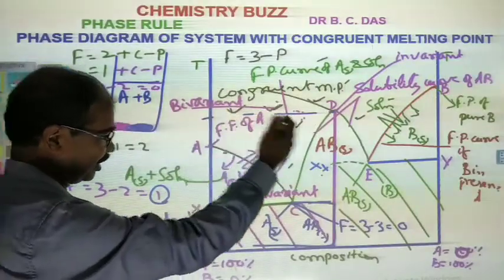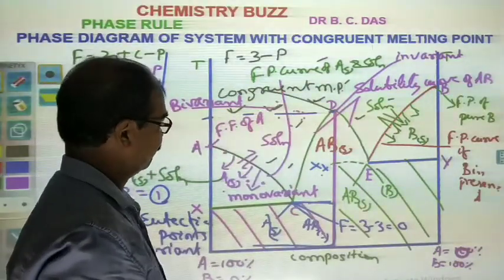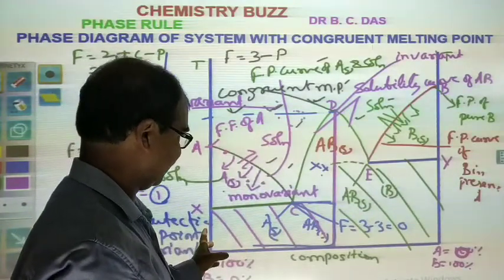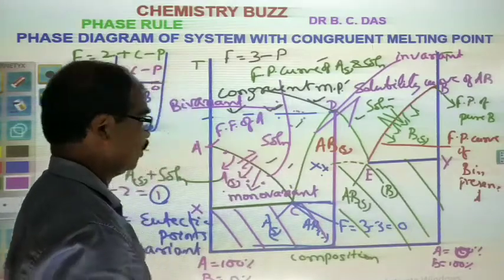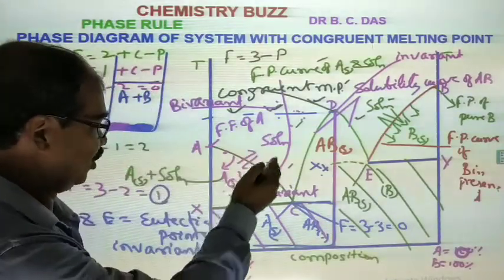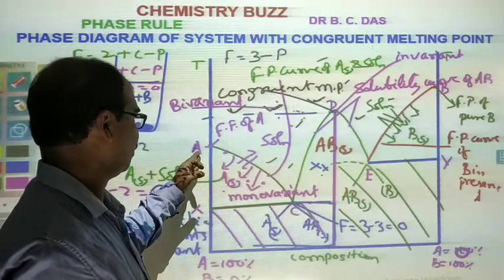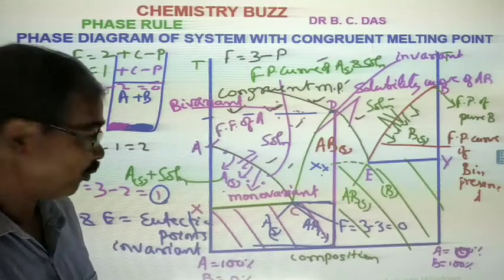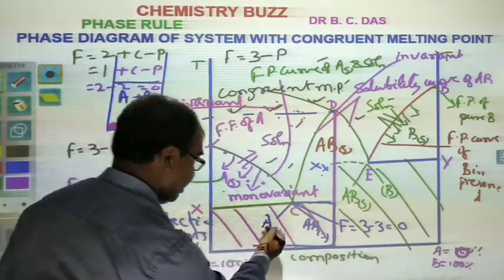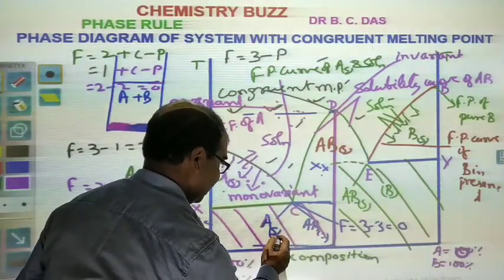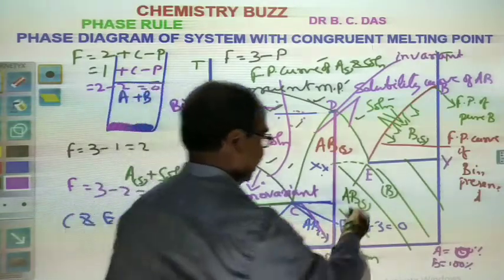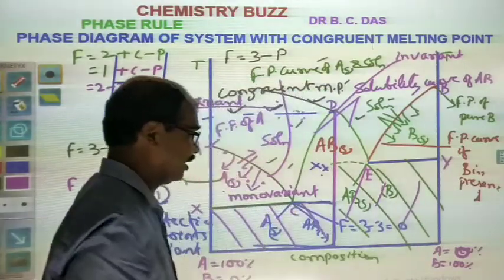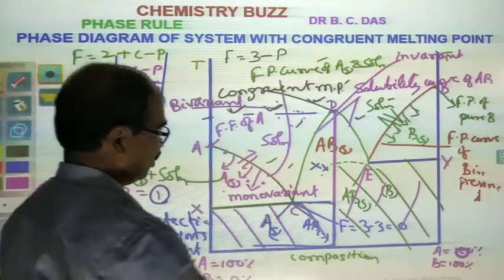So we have calculated the degree of freedom for different curves, different regions, and different points. We have one congruent point, two eutectic points, and two freezing points, that is for pure A and pure B. So there are altogether 5 points. In this region we get solid A and AB, and in this region we get solid AB and B. So there are 2 phases.